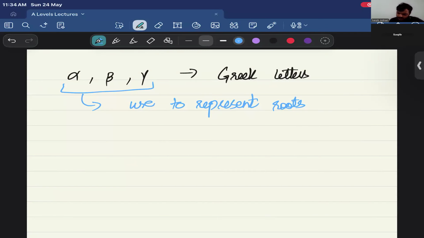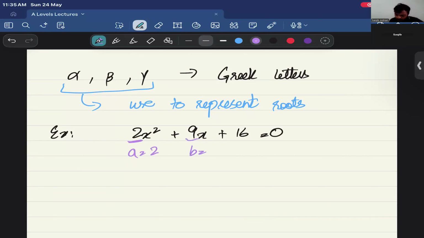Let's suppose I got a quadratic equation. Example, I got 2x square plus 9x plus 16 is equal to 0. On a random note, I pick any quadratic equation, and if I find out the sum of roots, 2 is equal to a, this one is b, and this one is c.